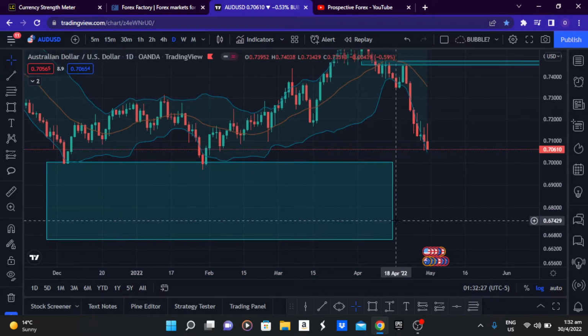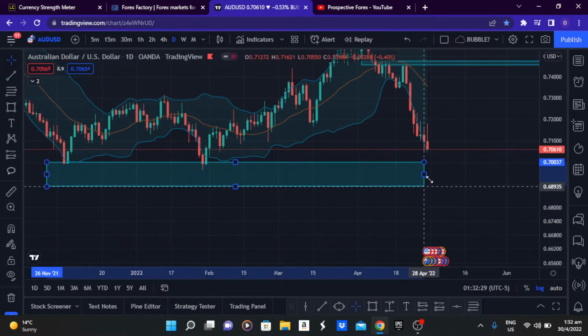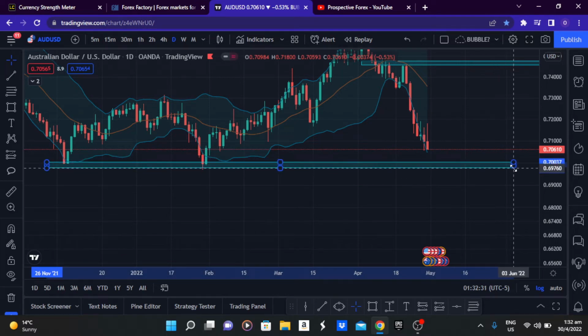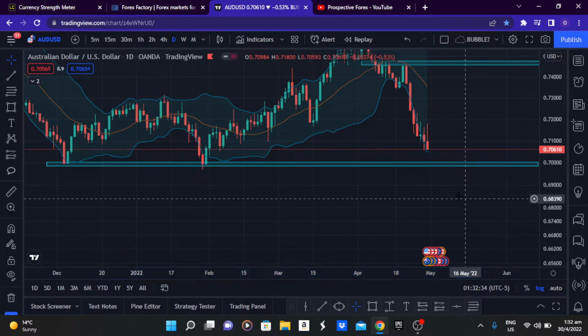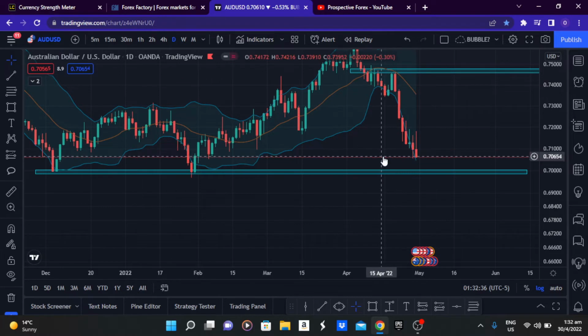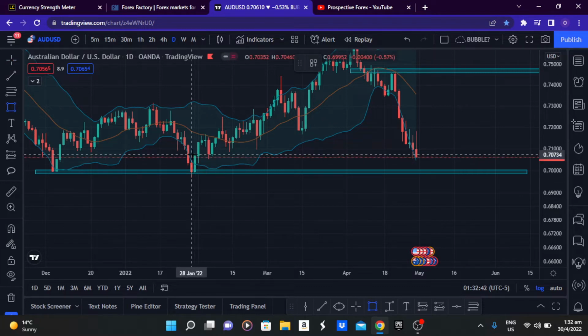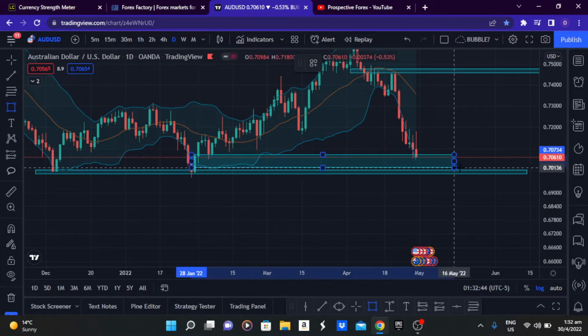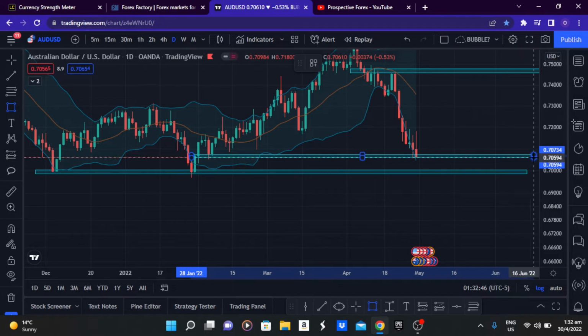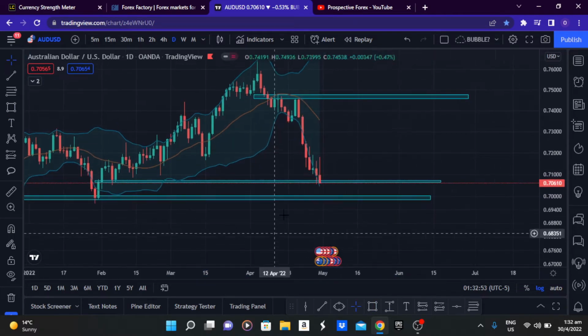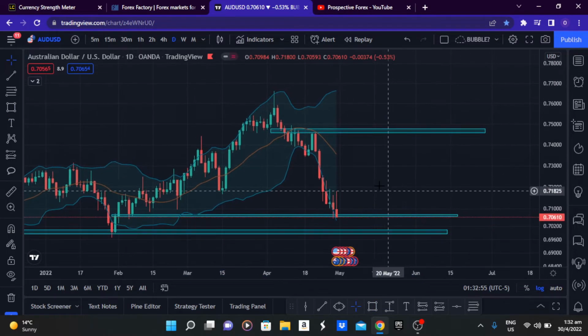And also there's a minor support here. Very minor support here. All right, so let me just give you further in-depth information of what's going on here.